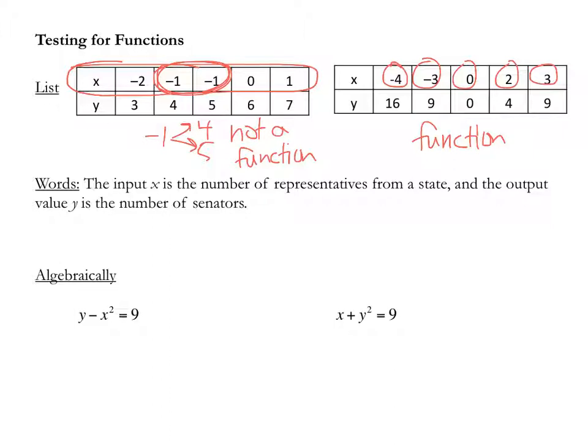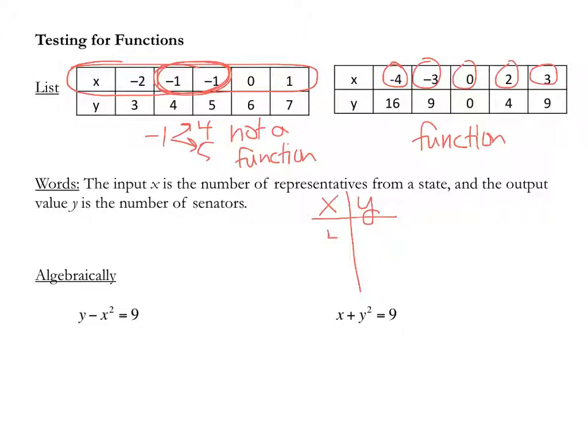You might also see some in words that you have to decide if it's a function. My suggestion would be to make a table of potential values. So this is talking about x being the number of representatives from a state and y being the number of senators. So you need to know a little bit about how they pick representatives and senators, how many we have in each state. The representatives vary, it's based on population.